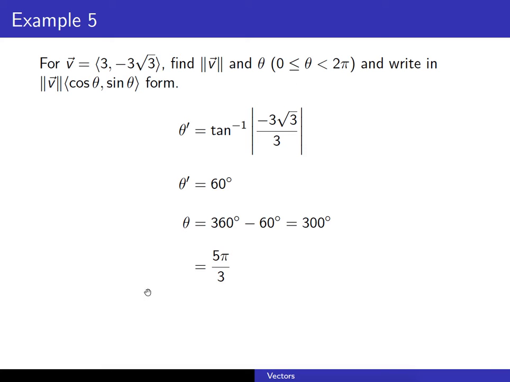So we found our magnitude is 6, our rotation angle is 5 pi over 3, sorry about that. So we have the magnitude of 6 times the component form cosine 5 pi over 3 and sine of 5 pi over 3. Alright, so that about does it for this video.